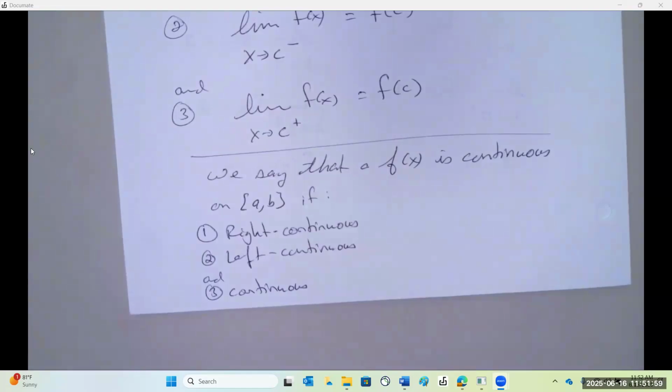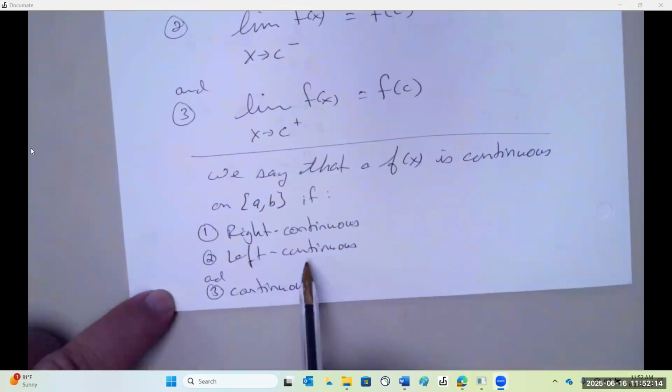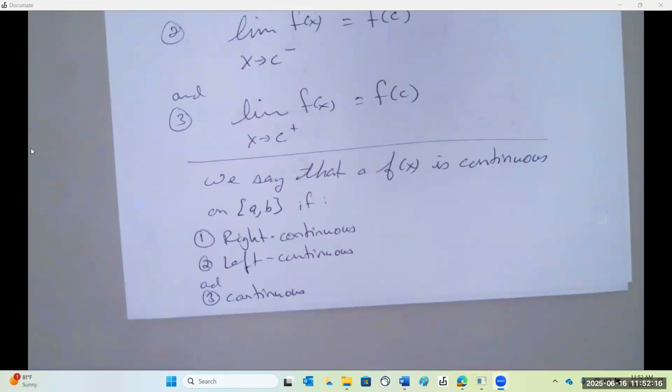Remember, in order for it to be right continuous, that means from the right-hand side, all of the values of x approaching c have to exist. All of those values to the right of c have to exist. The same thing, left continuous. If it's left continuous, all the x values approaching c from the left, all of those have to be defined.